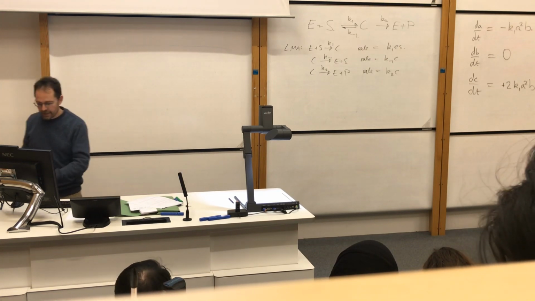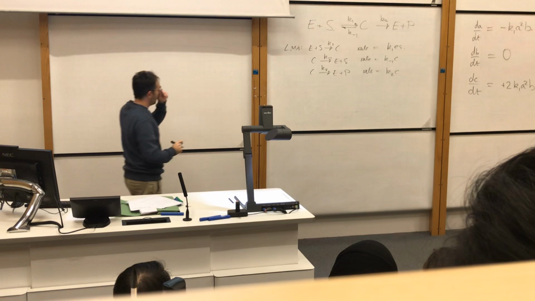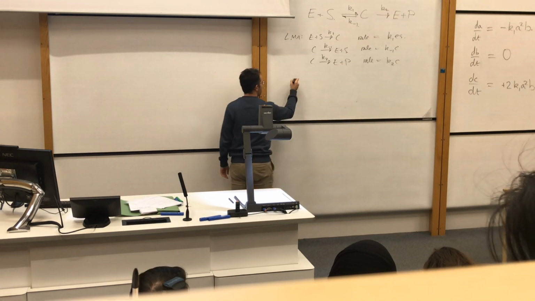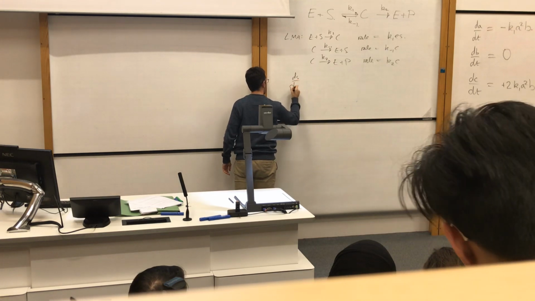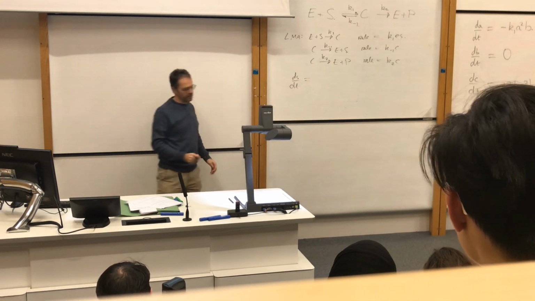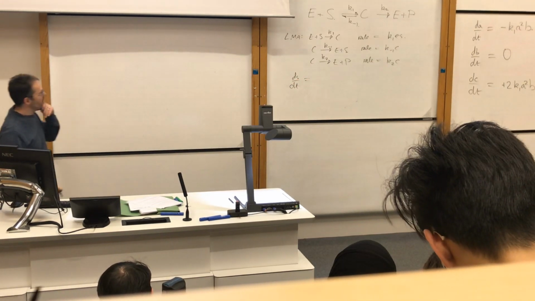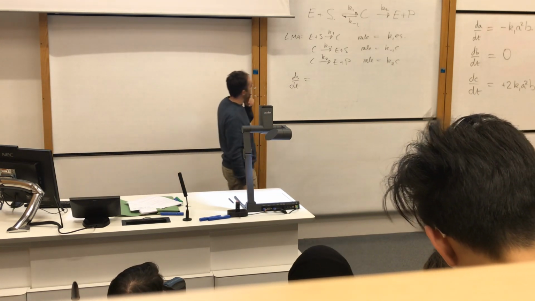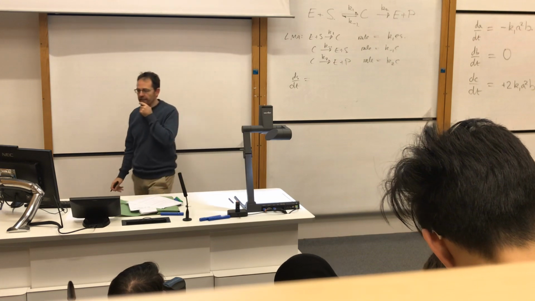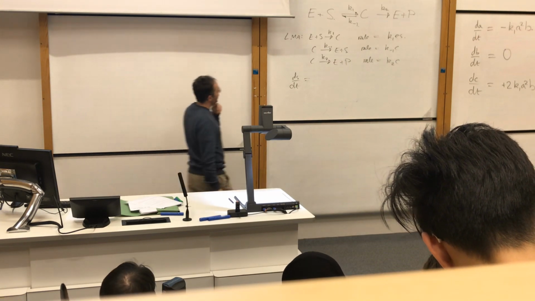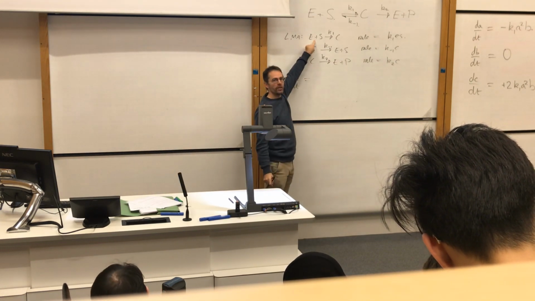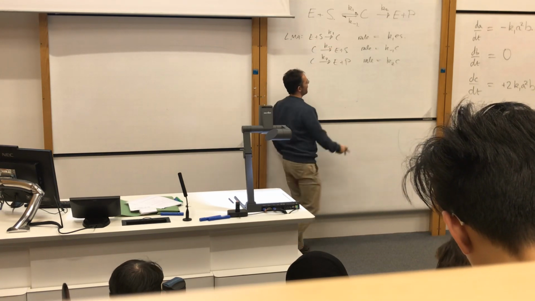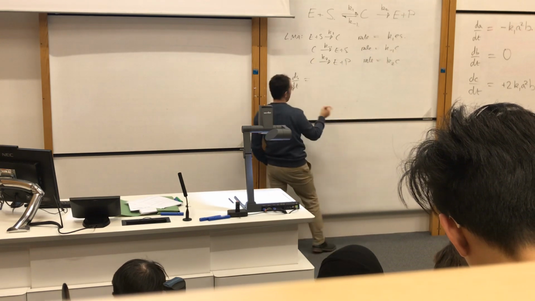Once you've got that, it's quite straightforward to write down your differential equation model. Let's start with my substrate, so dS by dt. We just have to go through these various reactions and see where things are being created or used up. In this first reaction, we use up a molecule of S. E combines with S to form C. The rate of that reaction is K1 ES.